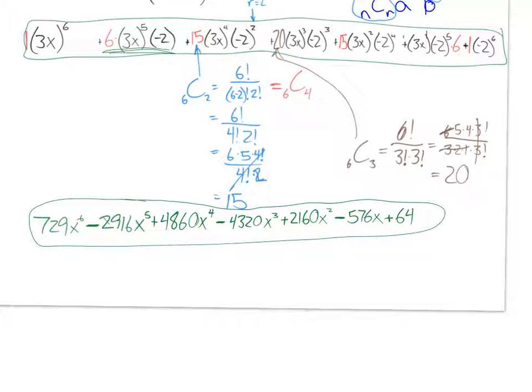Wait, hold on. Why do you use factorials? The factorials are for the actual coefficients, the 1, 6, 15, 20, 15, 6, and 1. Remember we saw the symmetry? To get those actual numbers, that's when we're using these combinations.